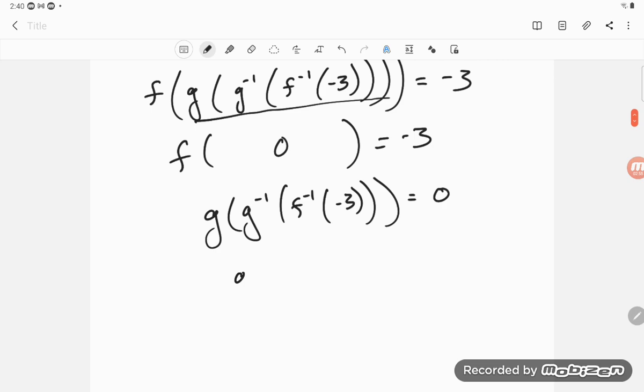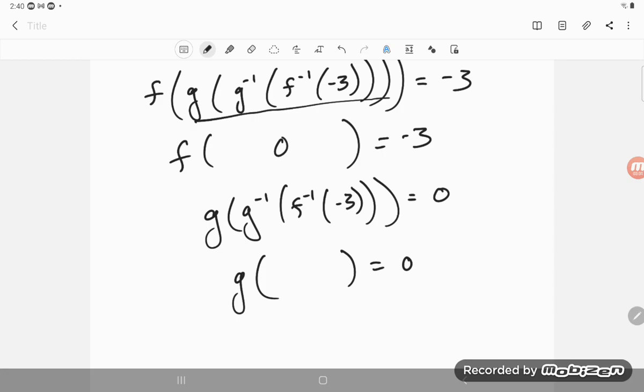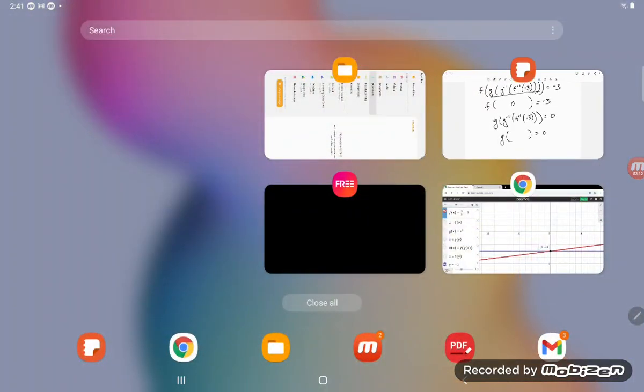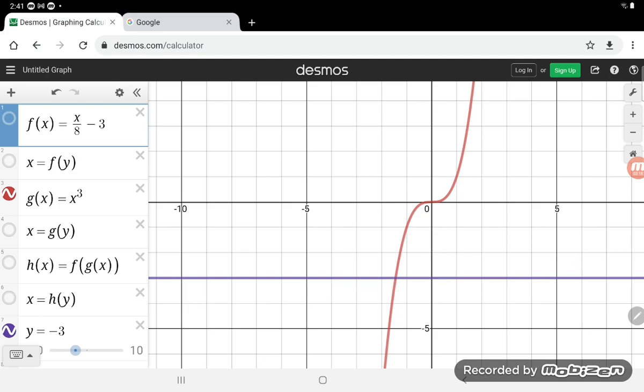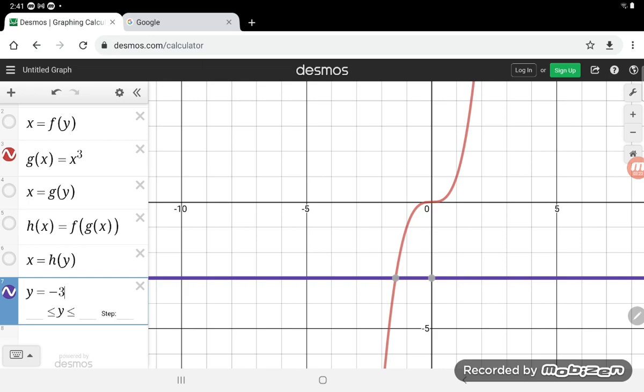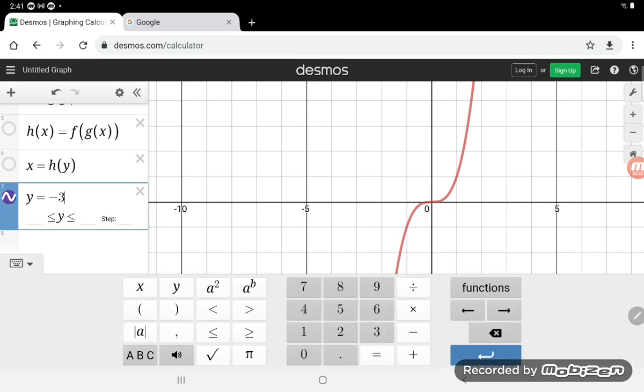And so now I can do the same thing. I have g of something is equal to 0. And in this case, I know what it is, because g of x is just x cubed. So I know the answer is 0. But if I needed to do it numerically, here I've got my g of x. I'll get rid of the f of x. And there's g of x, and I'll change this to a 0.